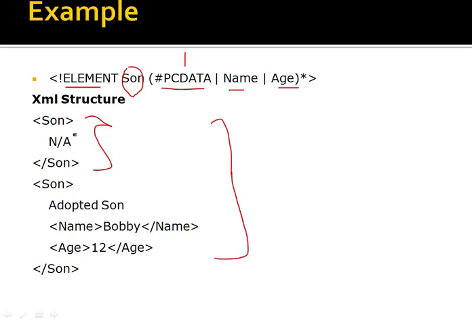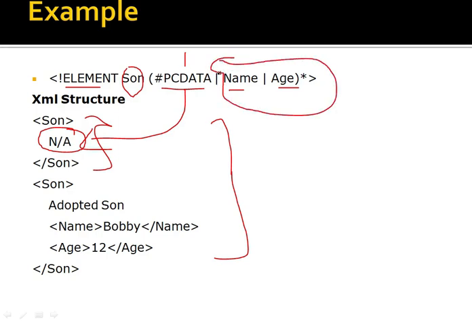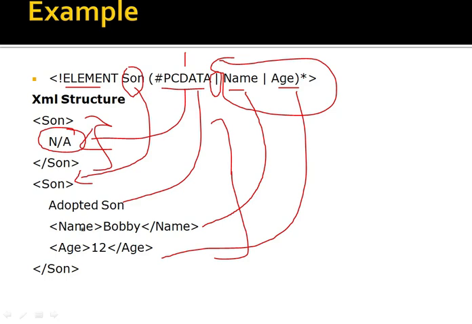So son can have the past character data, and this is optional. The pipe symbol indicates that it is optional. Then this root element can have character data as well as children, like name and age for the son element. This is actually a mixed rule.